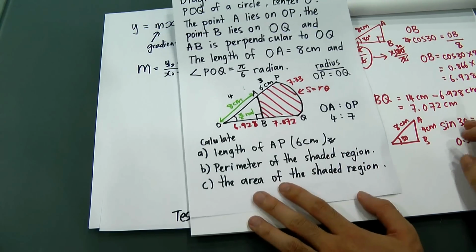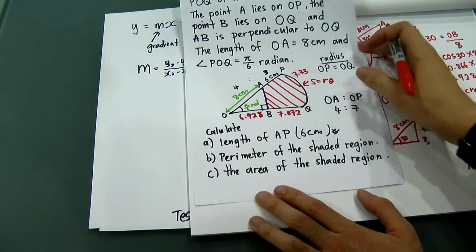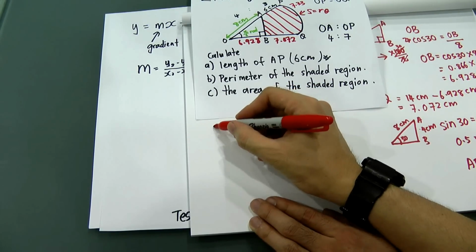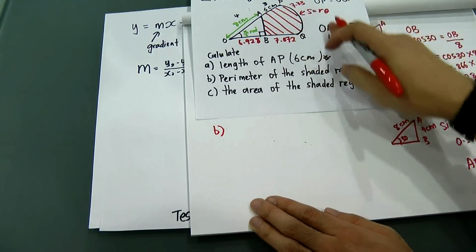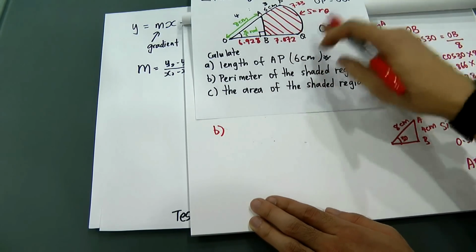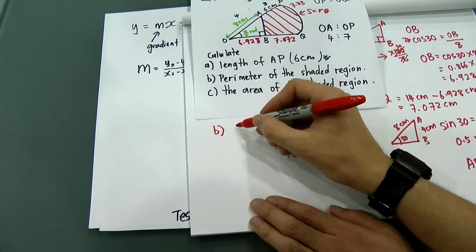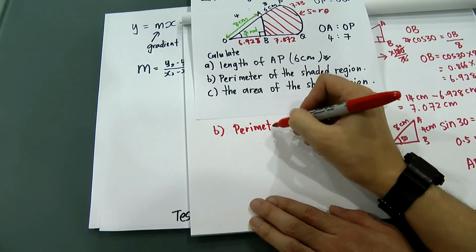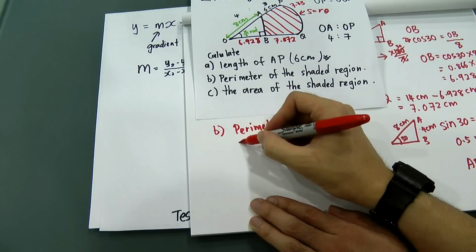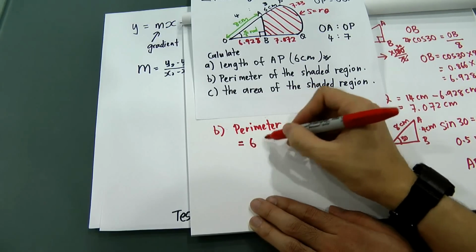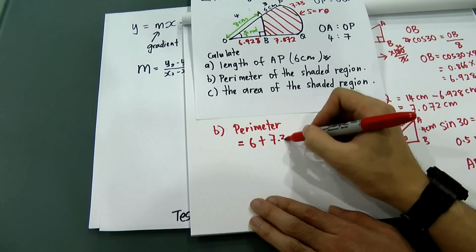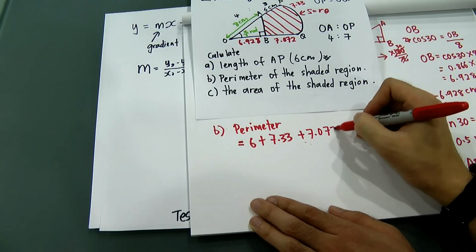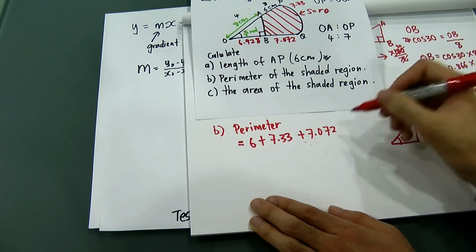Therefore, he asked us to find the perimeter of the shaded region. So for the perimeter of the shaded region, we just sum all the lengths. So here the perimeter will be 6.928 plus 7.33 plus 7.072, and then plus again AB.